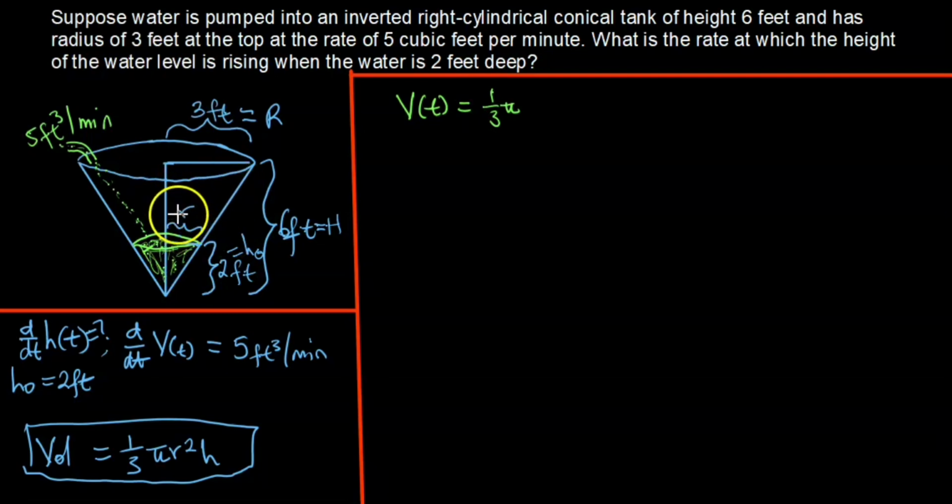It will no longer be small r, it will be more than that. So this small r, let me put it down here as r naught, just the way I'm saying h naught, to show you just that instant. But for any time the radius changes, so I'm going to say r of t, squared, times h of t. So that's the formula that will relate all the quantities.